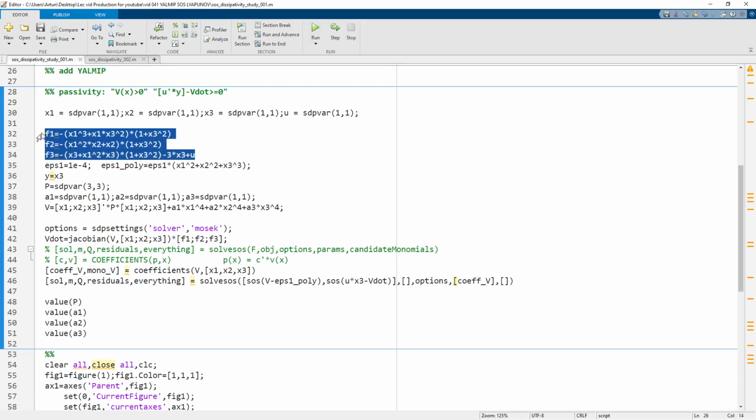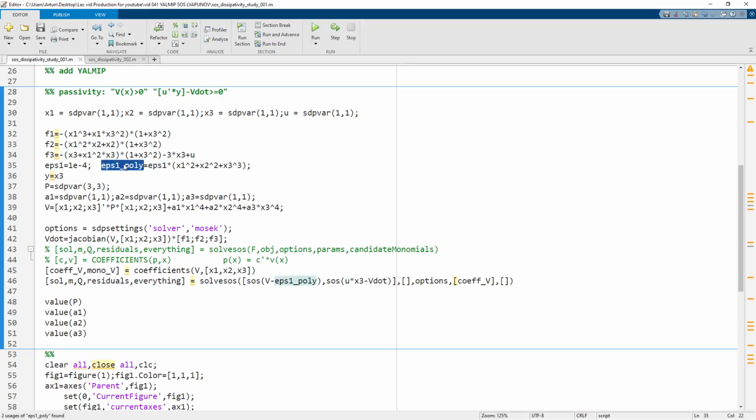And this will be our nonlinear dynamical system, the seesaw system, because we have only one input and one output, which is x3, the third state. We need to determine if that system is passive. Epsilon is a small number, and the epsilon polynomial is epsilon times the norm squared of our state vector.